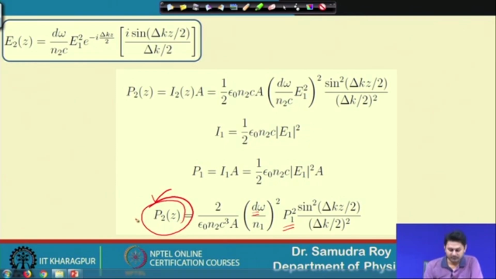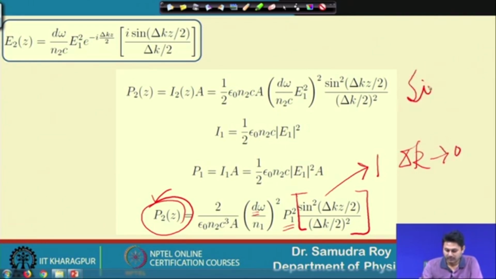Apart from that, one very important term is sitting here, which is sin square delta k z divided by 2, by delta k divided by 2, whole square. So, this is a sinc function, and we know that this function can reach 1 when delta k tends to 0. We know that sin of x divided by x, if I take the limit x tends to 0, then this value is 1, and that is the maximum value.